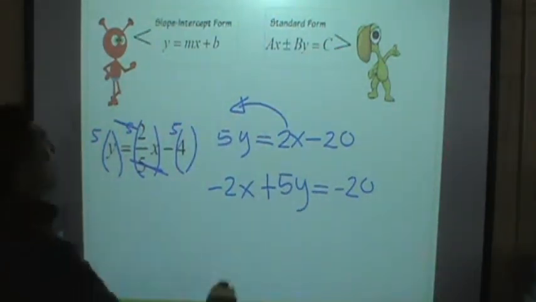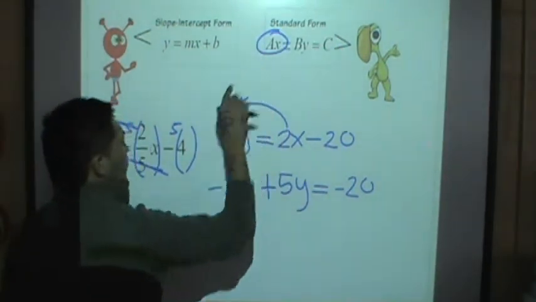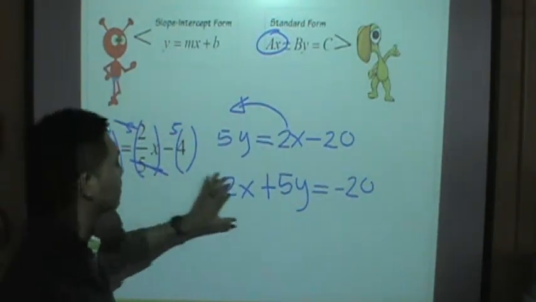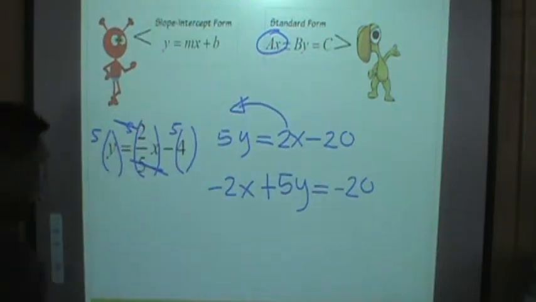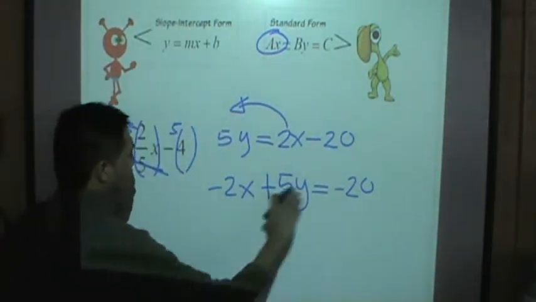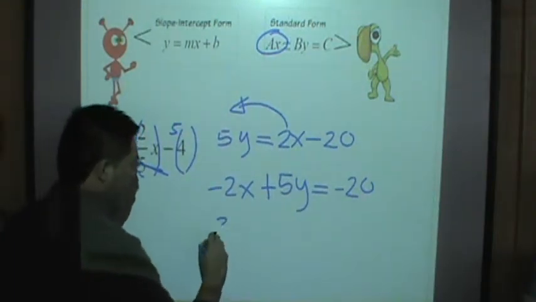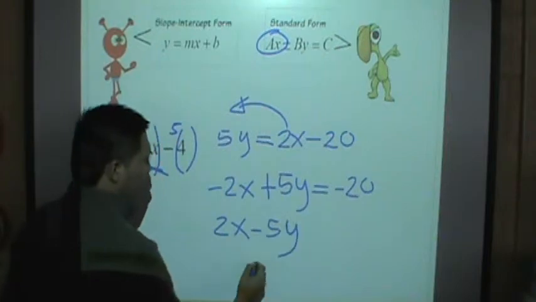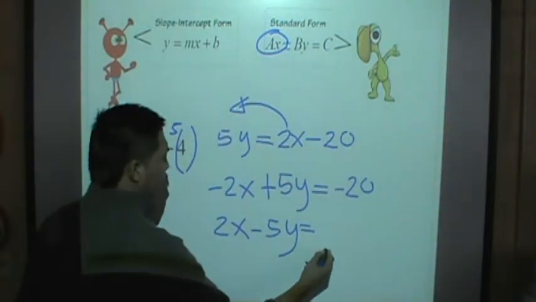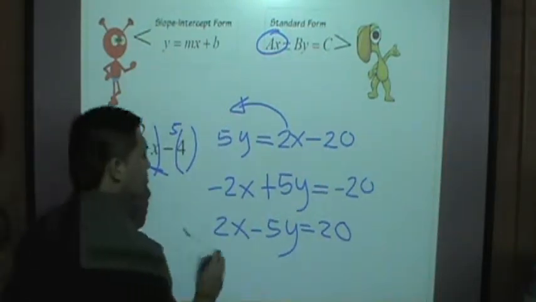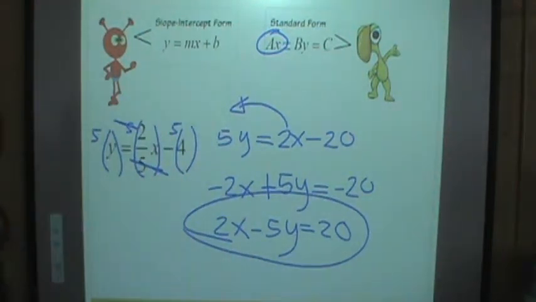Again, in standard form, we want the leading term, the one with x, to be positive. So if you want this to be positive, you have to multiply everything by negative, or just change the signs. All of their signs are negative, so this becomes 2x, this positive becomes negative, and this negative becomes positive. Now that we have x having a positive sign, that's it.